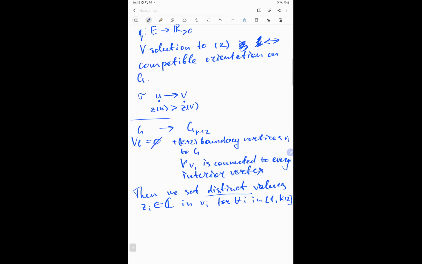And this will be the values of Z at the boundary vertices.